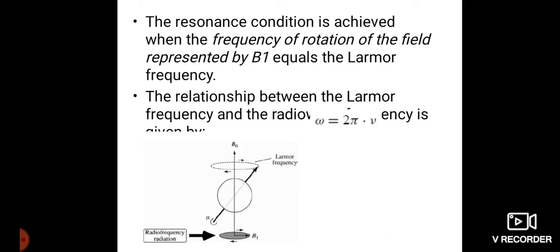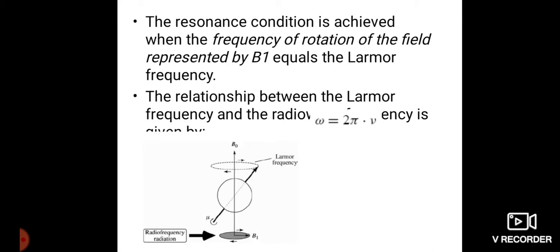That means when the spinning, the angular frequency omega, of that tiny magnet becomes equal to the Larmor frequency, then that tiny magnet can absorb the radiation and undergo resonance.